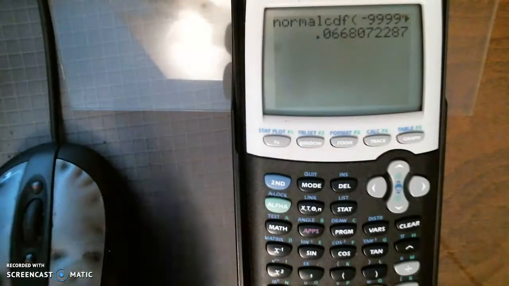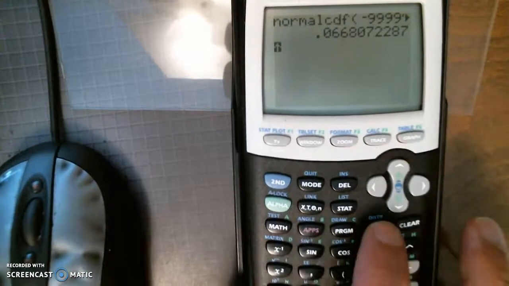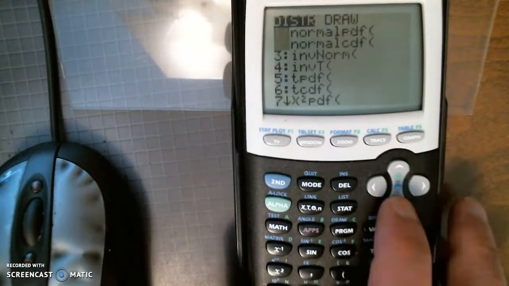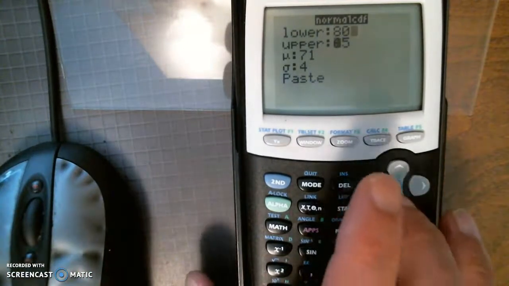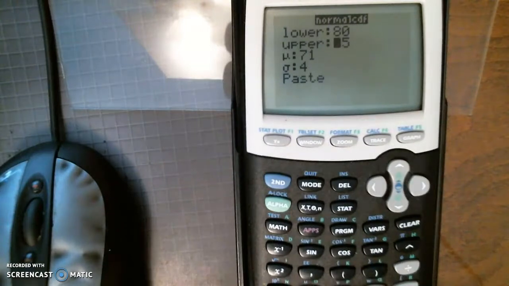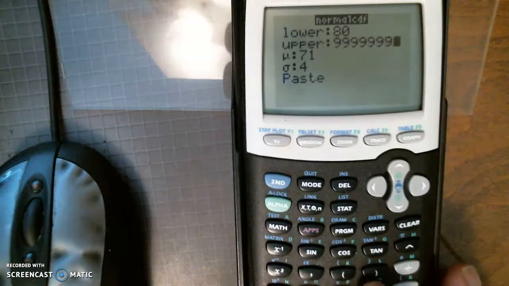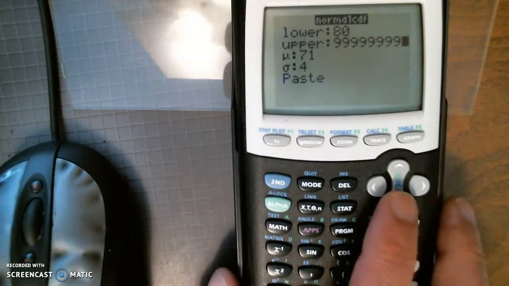So if I go to my calculator, again, second distribution, normal CDF, the lower bound in this problem was 80. The upper bound would be positive infinity. So remember, infinity in here, since it's positive, is just positive 99999.